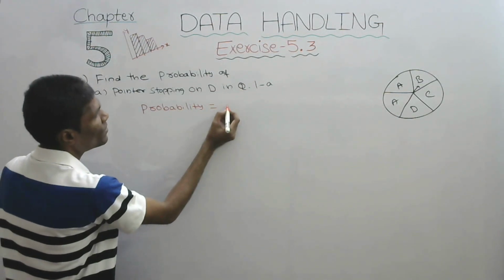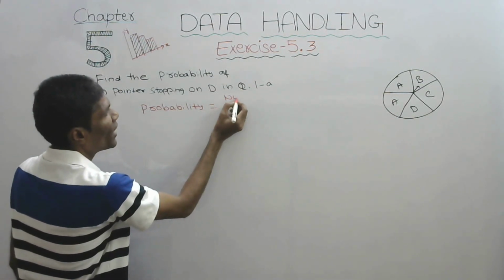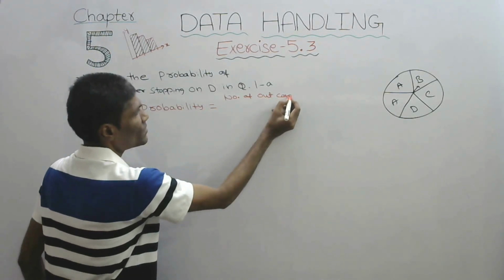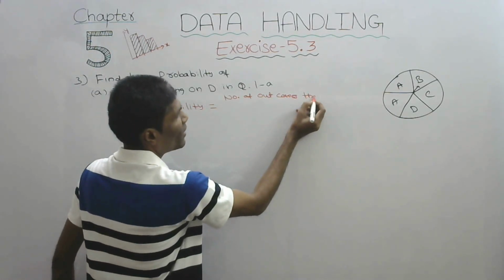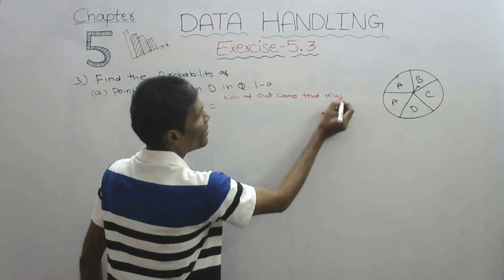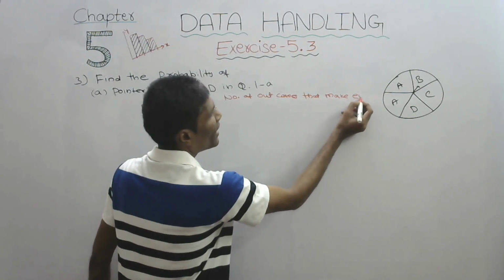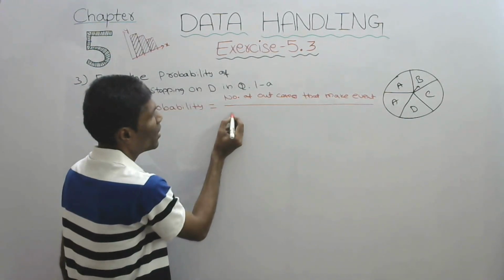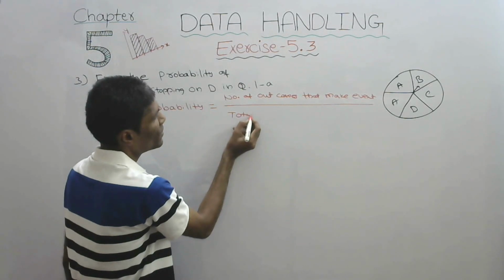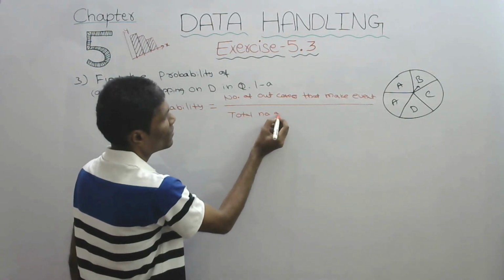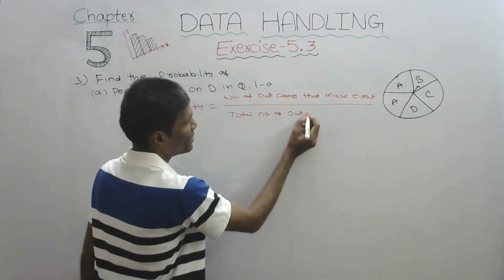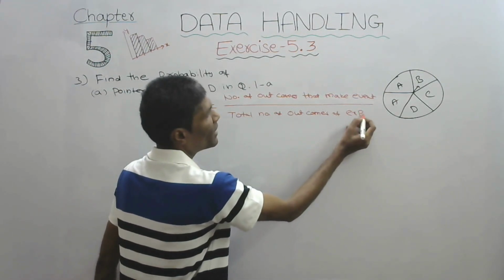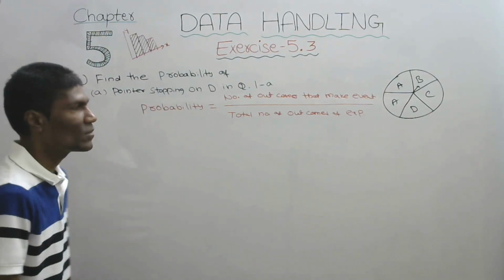Probability equal to number of outcomes that make an event, divided by total number of outcomes of the experiment. This we know.